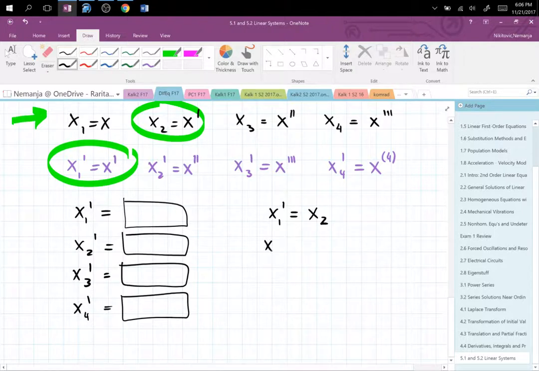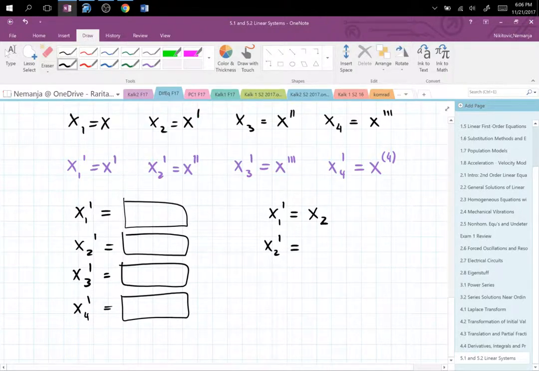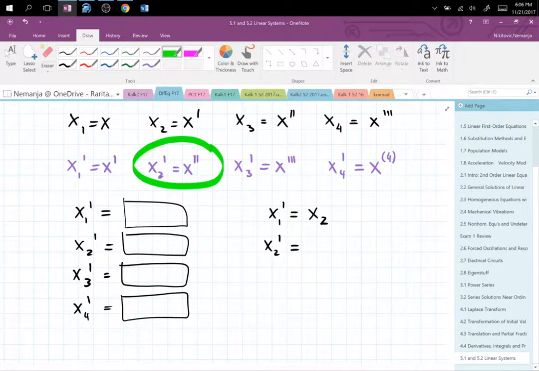Then I move to x2 prime and use the same reason. I find where the x2 prime is, and I see that it's equal to x double prime. I'm not allowed to use x double prime. I go to the first row and see what x double prime is equal to, which is x3.